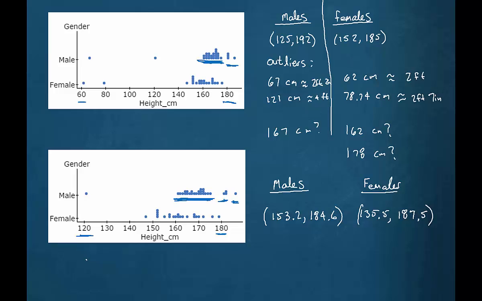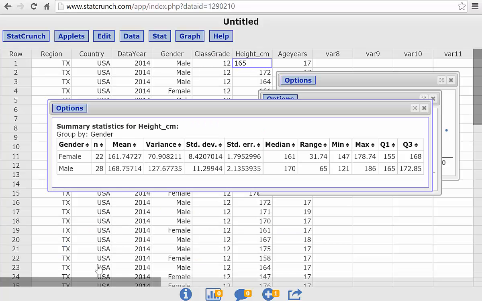Now let's look up towards the top. There is one data value that does appear to be a little bit large. Let's look back at the summary statistics for that data set. The maximum value for the males was 186. That is larger than 184.6, our endpoint for our guideline for an outlier.